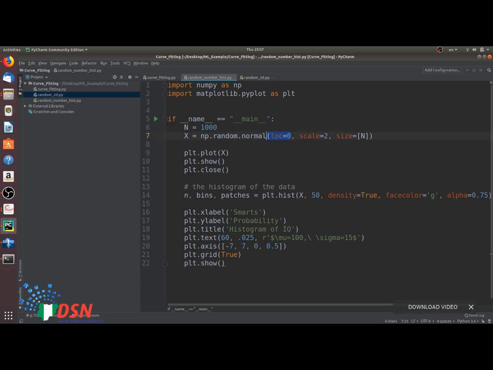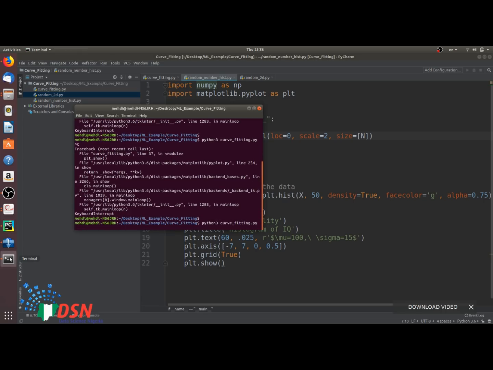In here it has 0 mean and standard deviation 2. We talk about it in this session, but for now just suppose that it is some kind of distribution with some parameters, and we sampled n points from this distribution, and then plot the random data points.